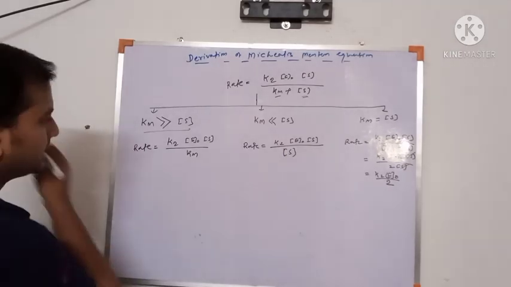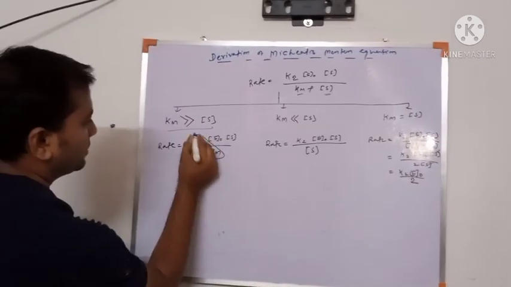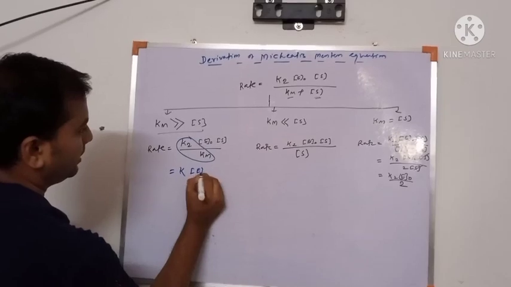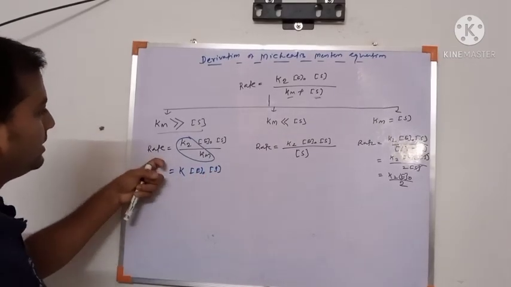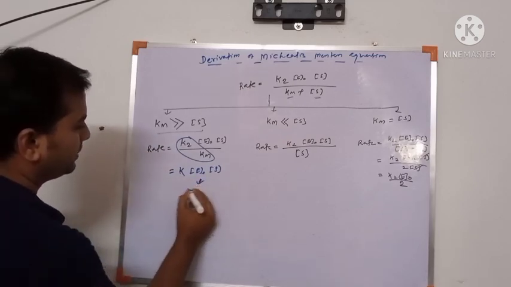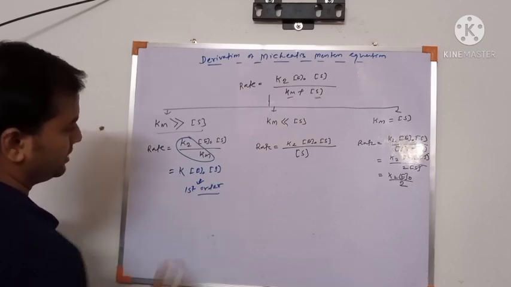Now this is the constant value, so this is the K, and E naught is. In this equation, the rate is first order with respect to substrate concentration.